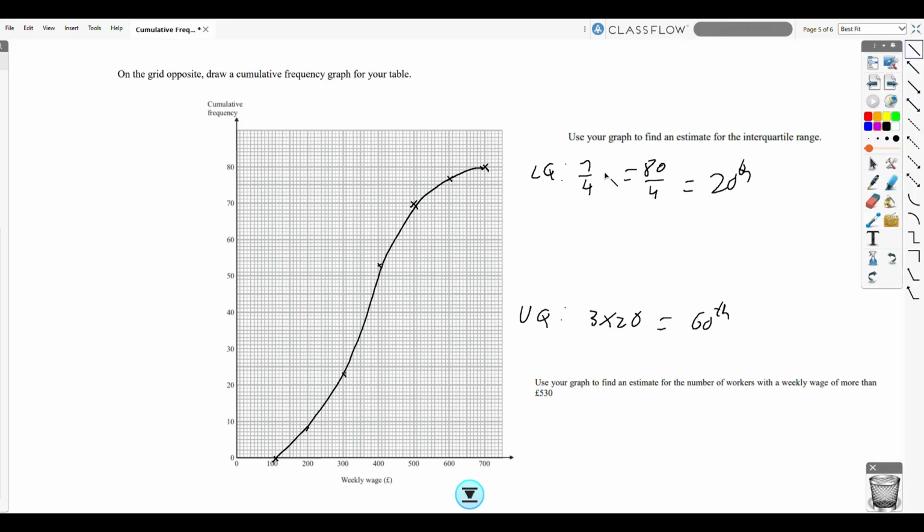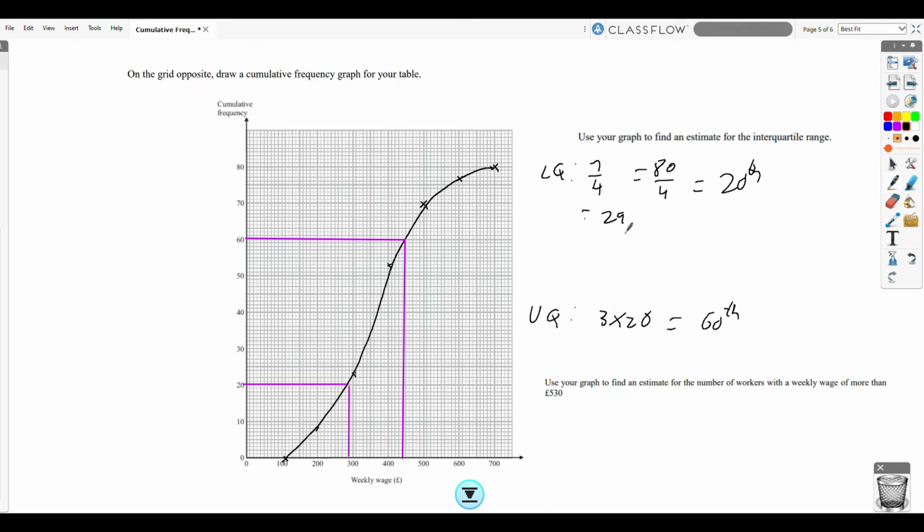So we draw lines across at 20 and at 60. So at 20 we're going down to about 290, and at 60 we're going down to about 440.